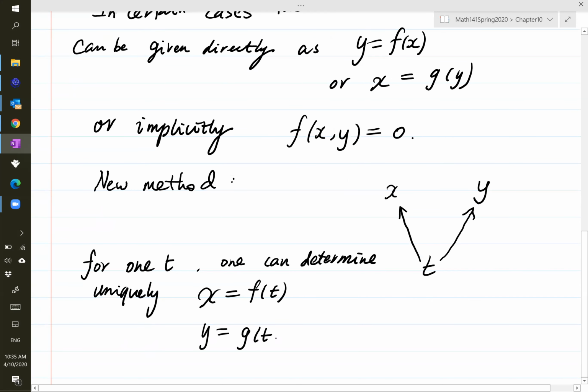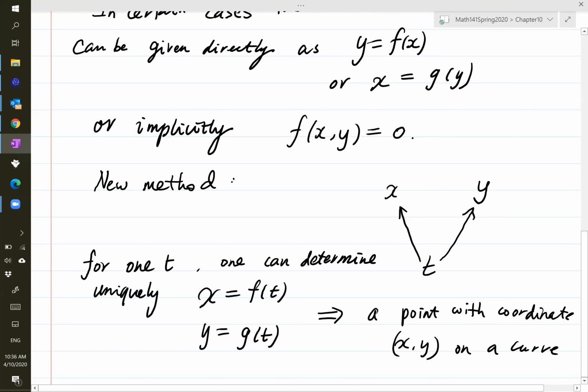Once you determine x and y, you determine a point (x, y) on the curve.